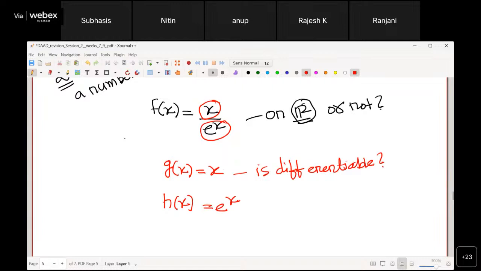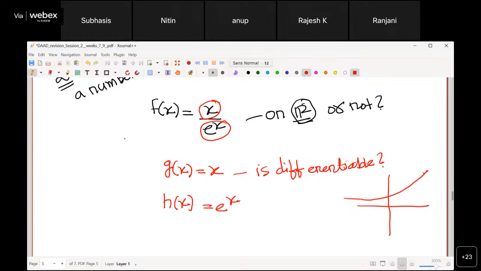Now you consider one more function, e of x. Whether e of x is differentiable? Yes, it's differentiable, because if you see from the graph, it's pretty clear. Here, if you see the graph of e of x, there are no corner points.